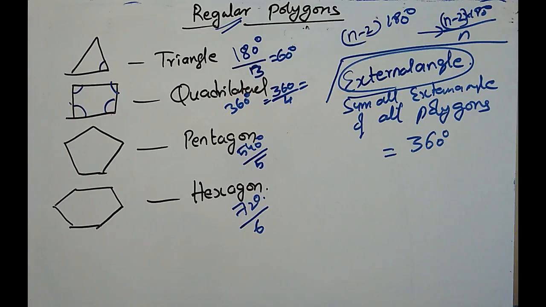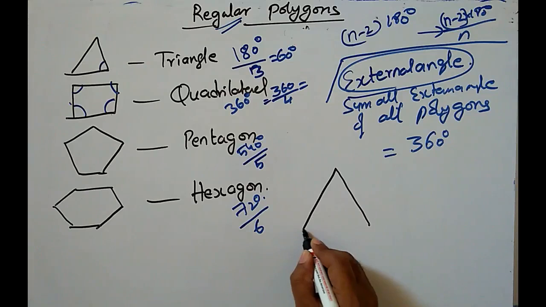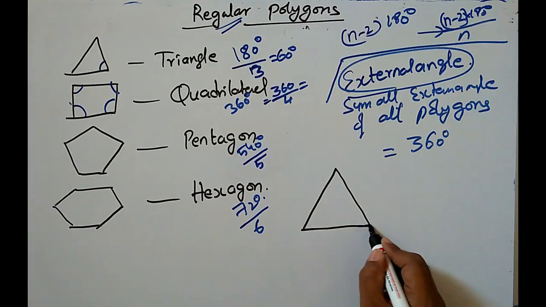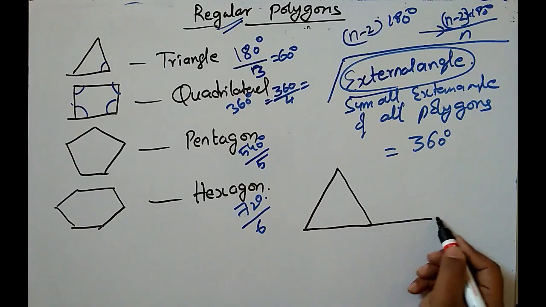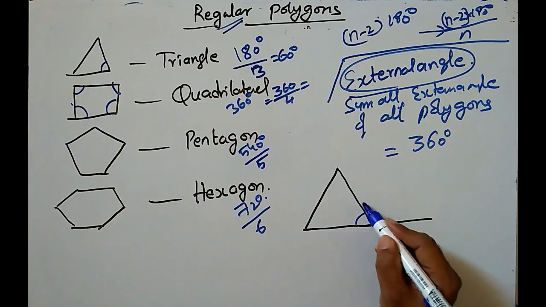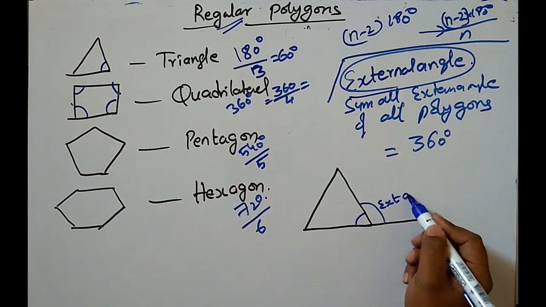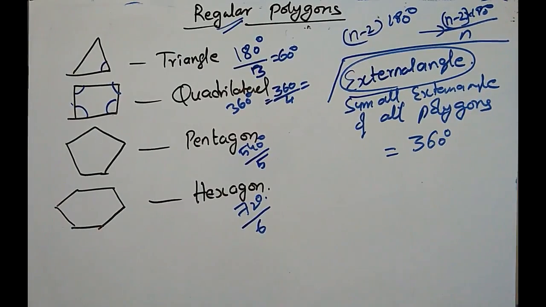What is an external angle? Say friends, if we take a triangle, I will extend one of the sides here. This angle is called the internal angle, and this angle is called the external angle. And how it is for a quadrilateral, we will see.